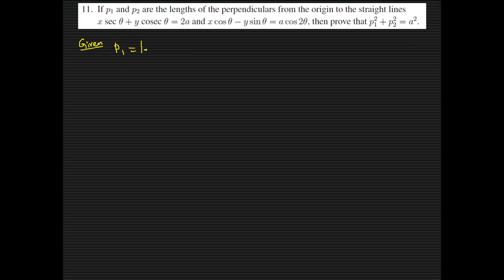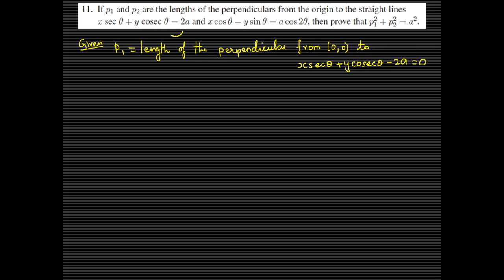So we'll write length of the perpendicular from the origin, that means (0, 0), to the equation x secant theta plus y cosecant theta minus 2a equal to 0. I brought this 2a to this side.